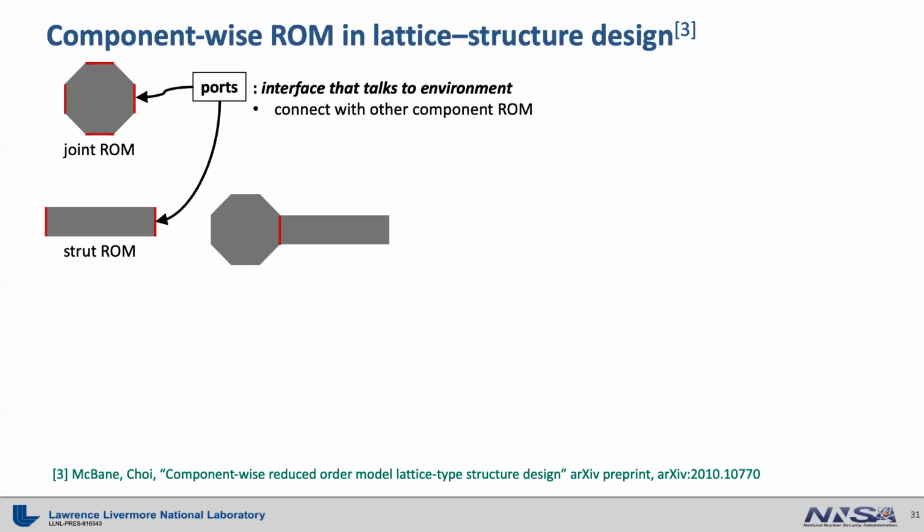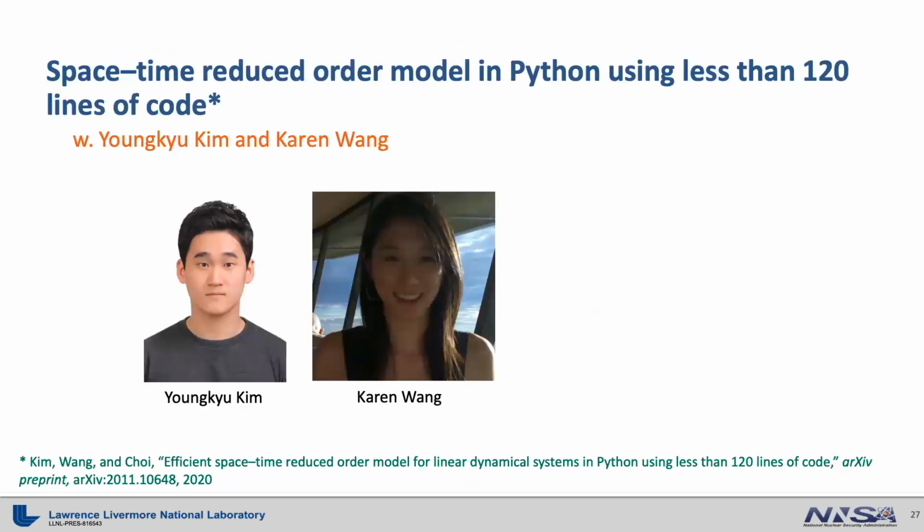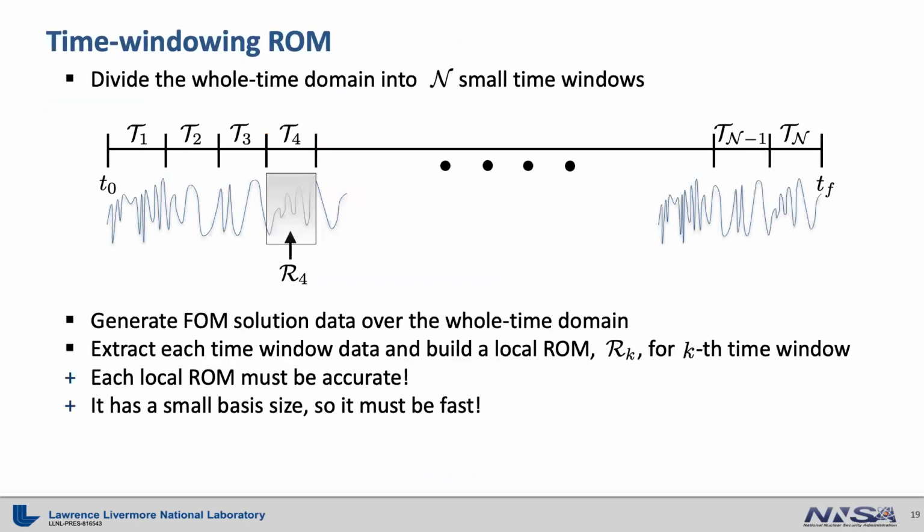Thanks. If I may, I have another question on a different part of the presentation. Probably slide 19, when you were presenting this time windowing approach. My question is, how would you make it robust to parameter changes which affect the time scale?